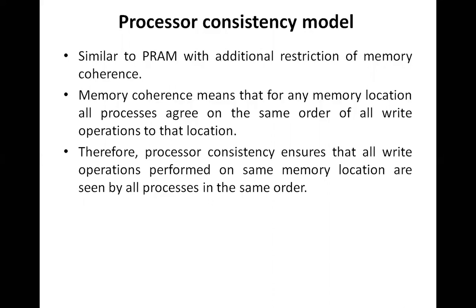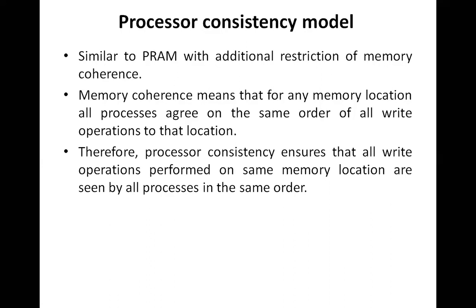The effect is that processor consistency ensures that all the write operations performed on the same memory location, it doesn't matter by which process they are performed, are seen by all the processors in the same order. And this requirement is in addition to the requirement imposed by the pipeline consistency model.